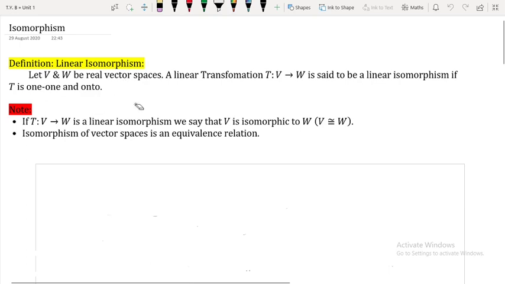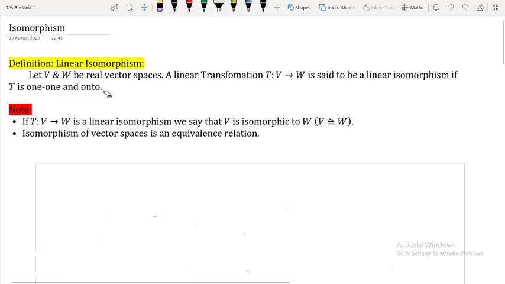In other words, a linear transformation T from V to W is said to be a linear isomorphism if T is one-one and onto both.